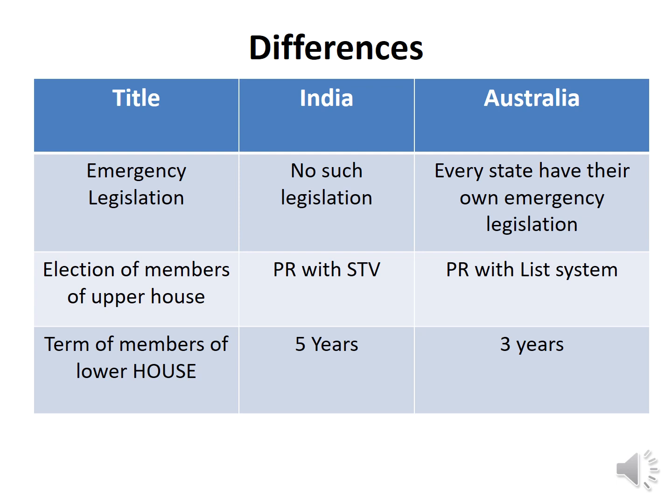I will now explain what the list system is. So there is a list which will be prepared in which all the candidates are written down, and the general electorate votes for that particular party which is represented through a list of members.